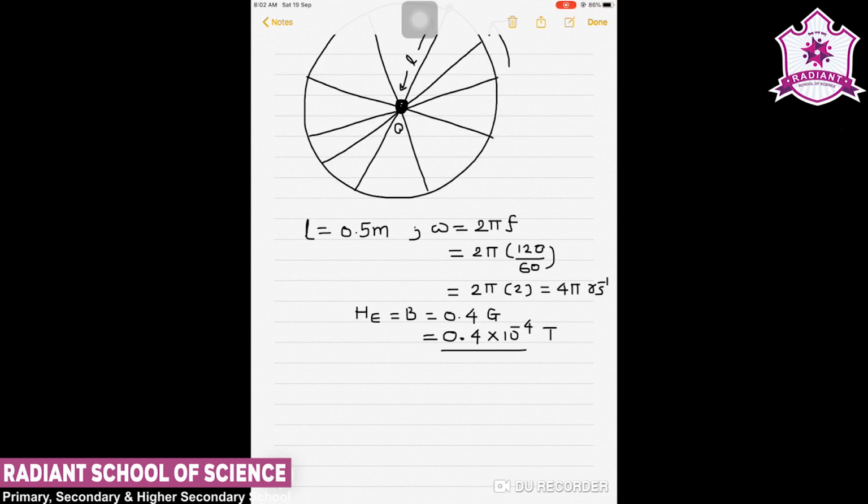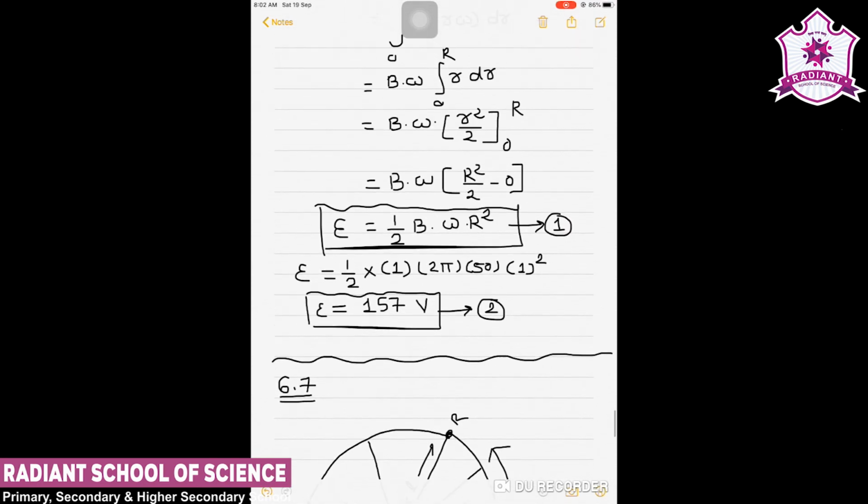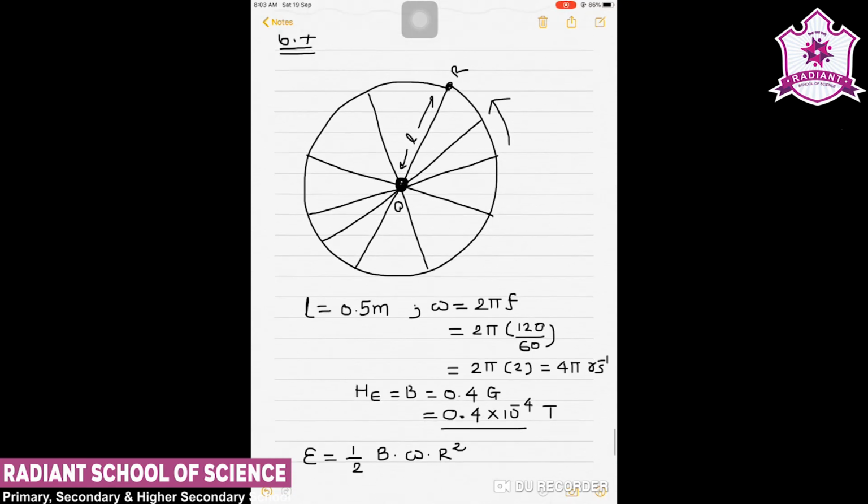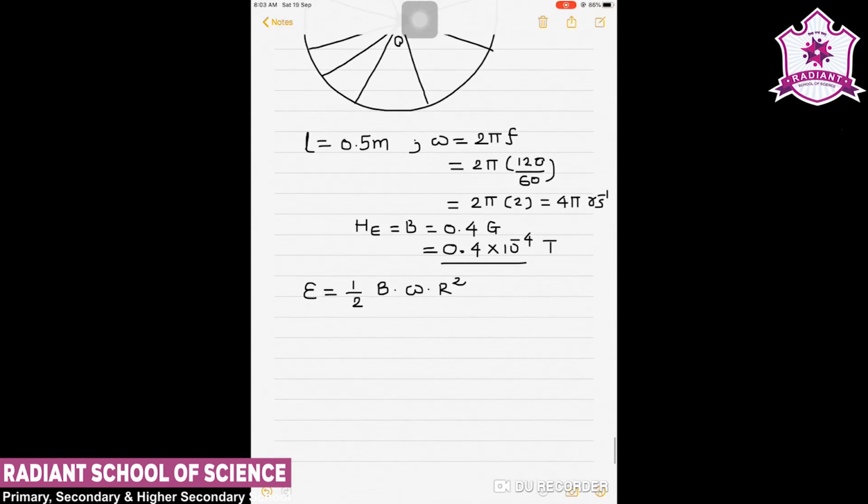As we have discussed in the earlier case, the induced EMF E is equal to 1 by 2 B omega R square. So the equation is the same that we have just derived, equation number 1, that is 1 by 2 B omega R square. So we will apply the same.